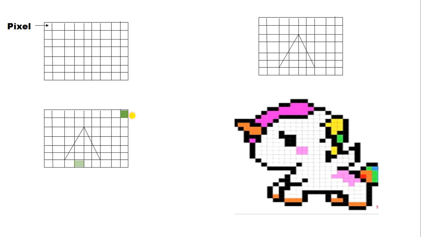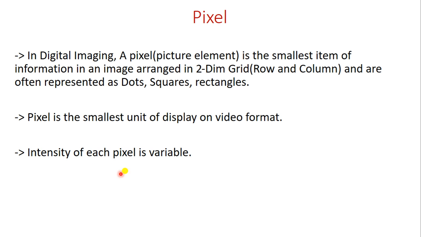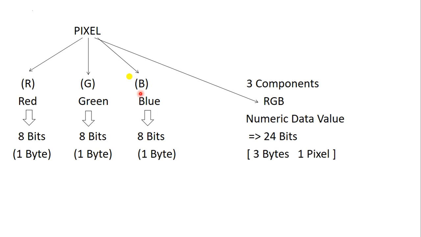If you want it dark, that pixel value will be decreased, so it will become dark. I hope you understood this. We will now understand it clearly by seeing the diagram. If you want the dark form, we decrease the pixel's numerical data value. If you want the light form, we increase it. That is what I have written: the intensity of each pixel is variable. So let's see it here.